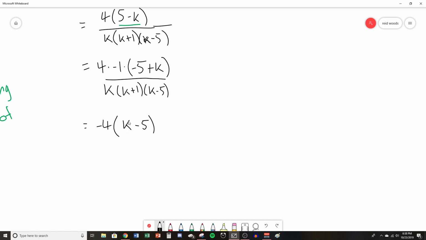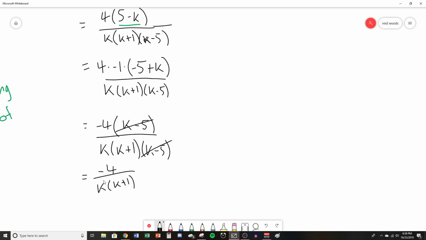I just moved the positive k over here, the negative 5 over here, and this is the exact same thing. So now we have something that will divide away, this and this. So our final answer is negative 4 over k times k plus 1, because there's nothing else that I can do to simplify this.